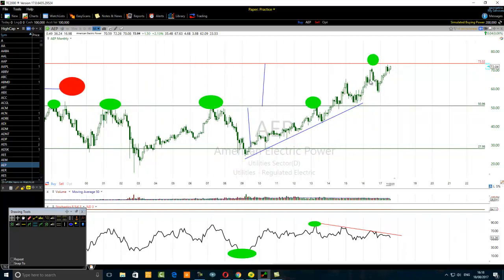You can see that as the price came near that target level, professionals did sell the American Electric Power. So the price action from here to here is what we call the non-confirmation RSI signal, because there is a divergence, a bearish divergence, while the price is continuing to rise.